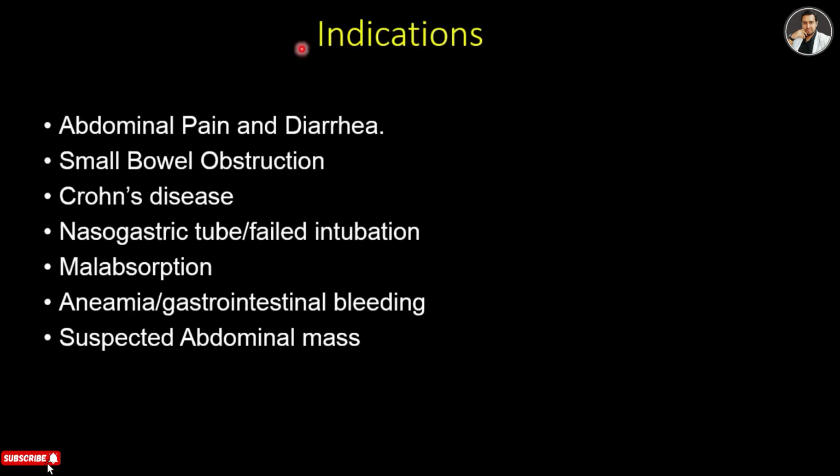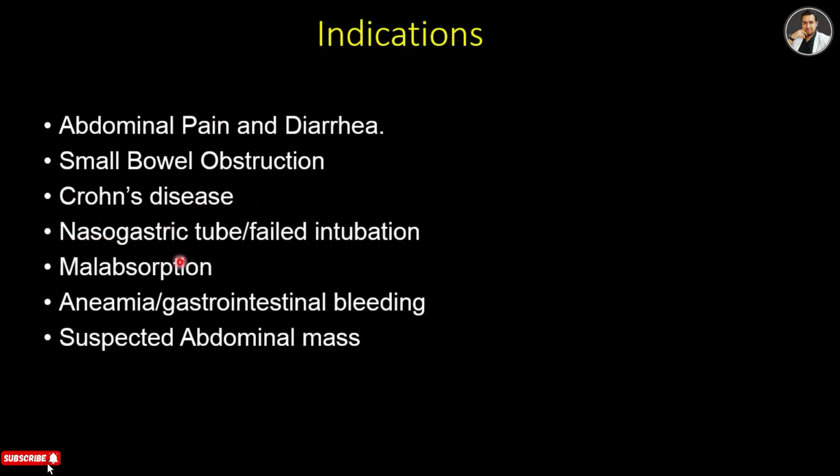So there are some indications why doctors advise barium follow through, and the number one is abdominal pain and diarrhea, and then small bowel obstruction, and it's a common reason, and then Crohn's disease. And Crohn's disease is a vital factor in small intestine pathology, and we'll see it.